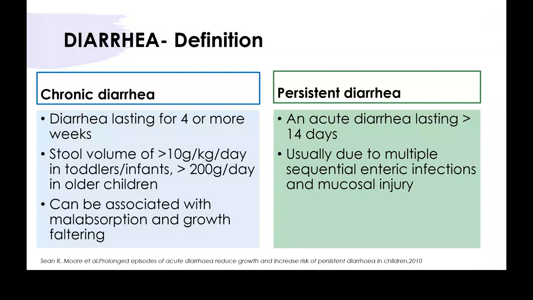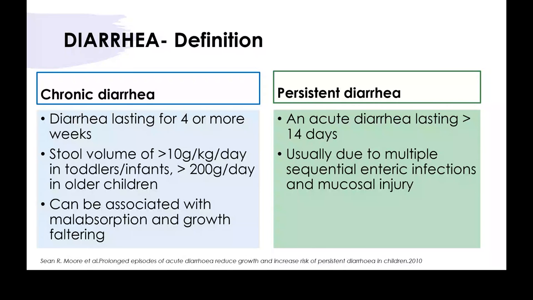So it's due to the enteric infections per se and the mucosal injury caused by the etiological enteric infections. So the infection itself is causing the persistent diarrhea plus the mucosal damage. In combination, it causes the persistent diarrhea. So these diarrheas usually last from 14 days up to 28 days. Okay, so this is called persistent diarrhea.